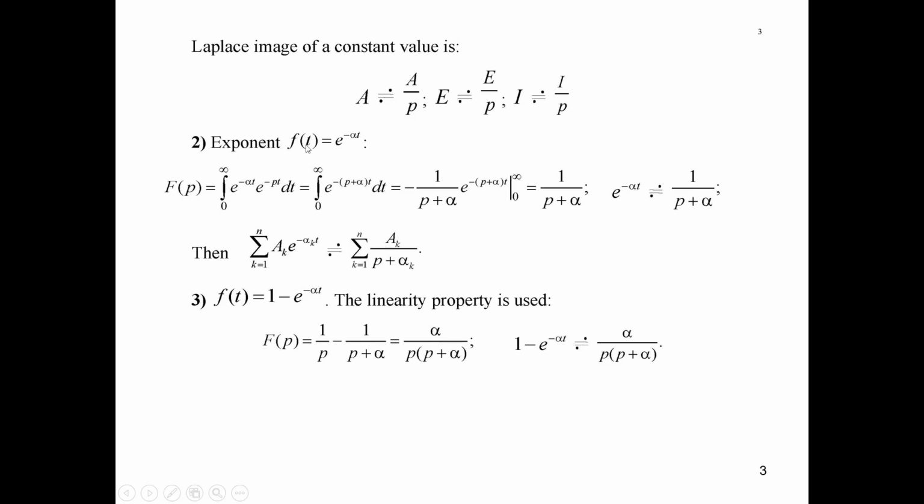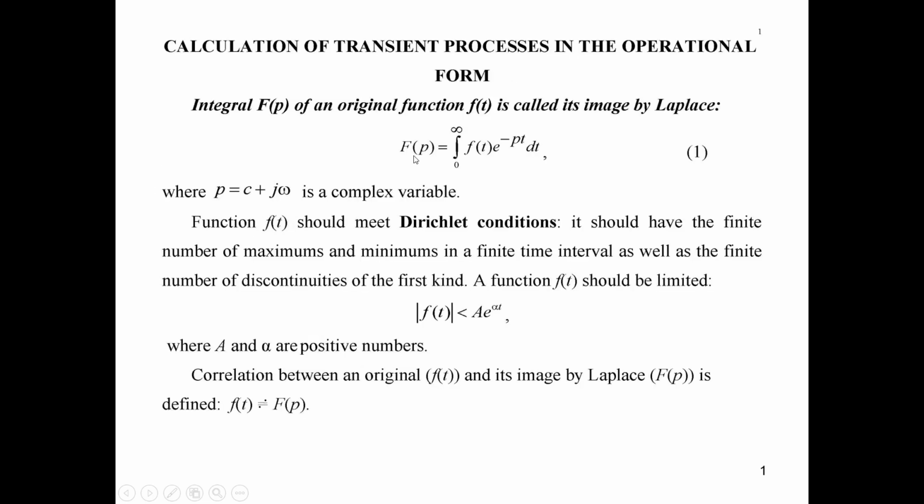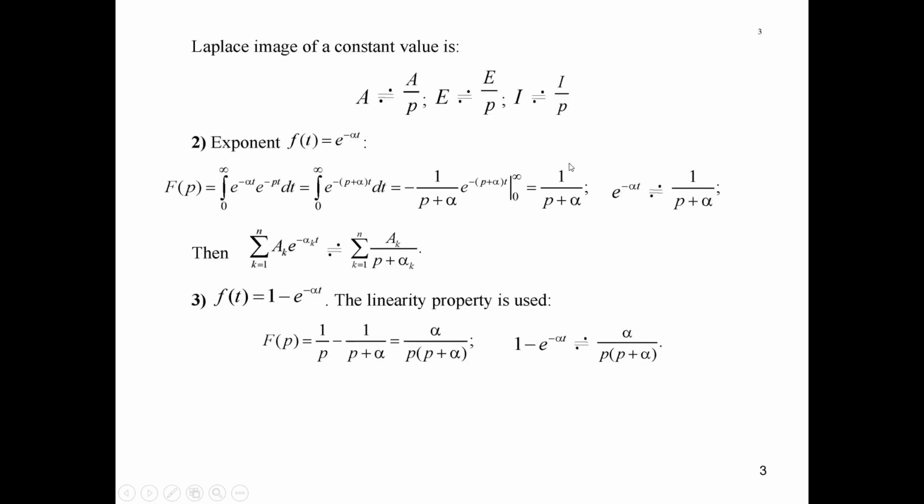It's the exponential function f from t equal to e to the degree minus alpha t. To get the image of such a function, capital F from p, we should take this f of t multiplied by e to the degree minus pt and multiplied by dt, and we should calculate such an integral.